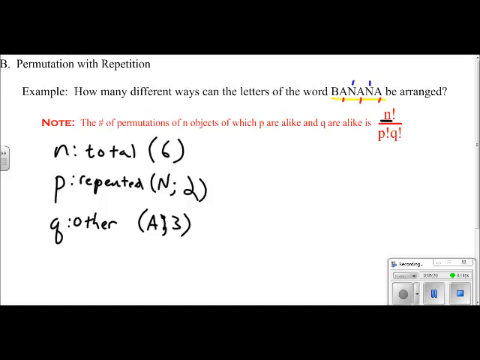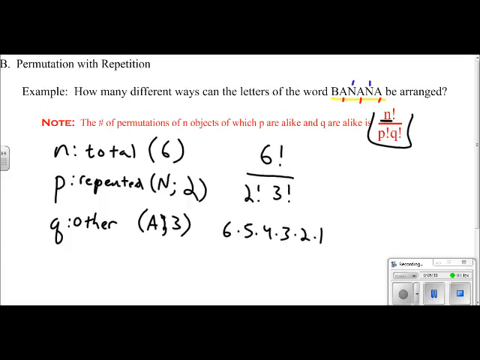So we would say that we are looking at 6 factorial over 2 factorial and 3 factorial for our P and our Q. If we spell this one out, 6 times 5 times 4 times 3 times 2 times 1 over 2 times 1, which is 2 factorial, times 3 times 2 times 1, which is 3 factorial. Again, here we can see 3, 2, and 1 on both sides.